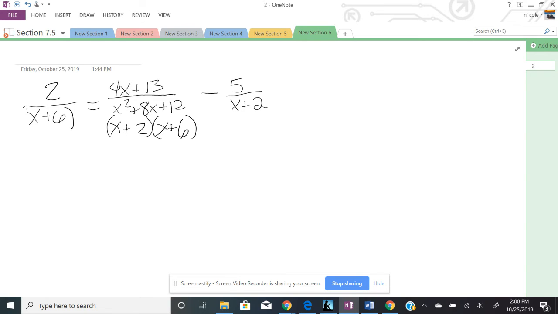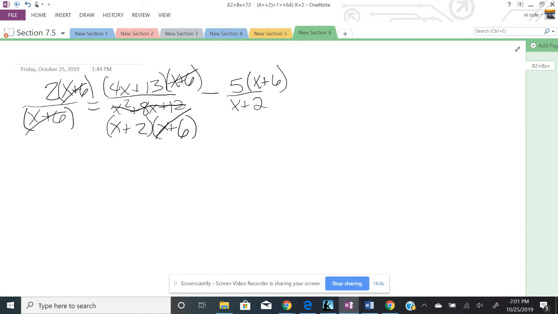Okay, first thing I want to do is get rid of that x plus 6. I'm going to multiply everything by x plus 6, both sides. Then I'm going to take this and multiply this by x plus 6. That would cancel this down there. And I'm going to multiply this by x plus 6.